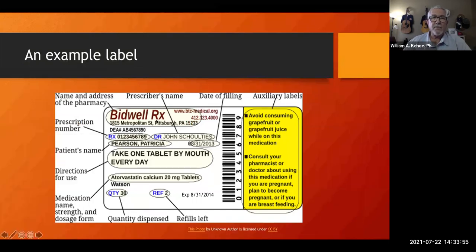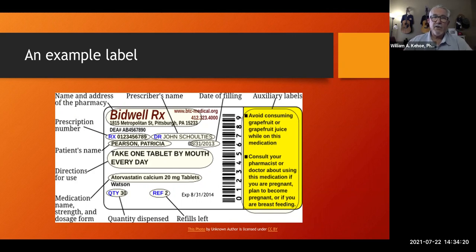What you'll see here is that you always have the name, address, and phone number of the pharmacy, always. Then there will also be somewhere on that label a prescription number. Now that's important because that is how the pharmacy stores the record for this prescription and they can find it. And today, of course, that's all electronic, it's on the computer.